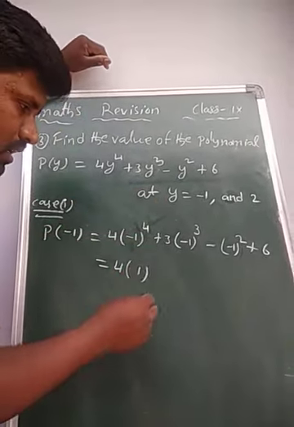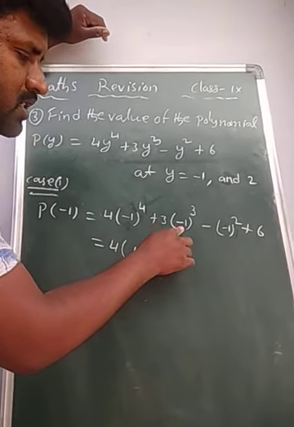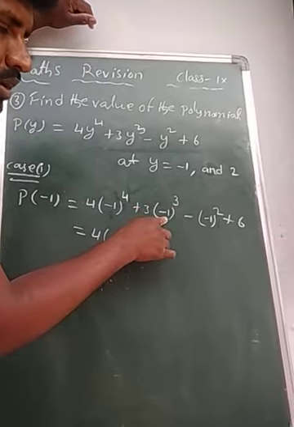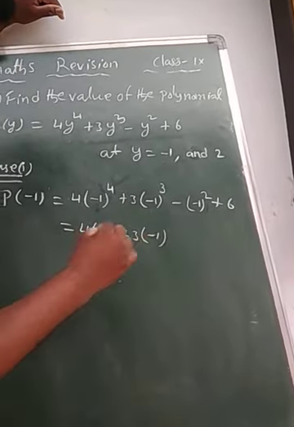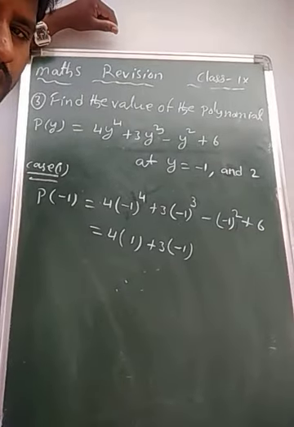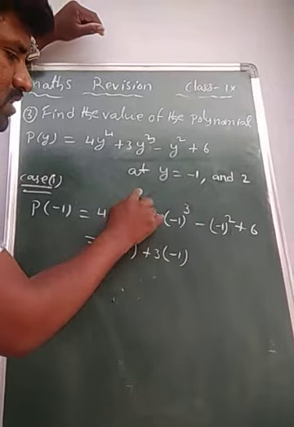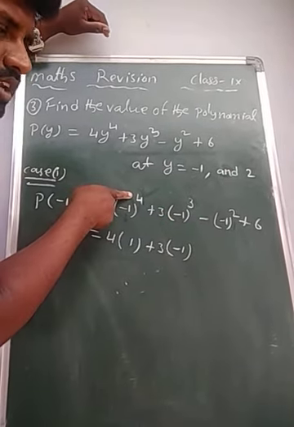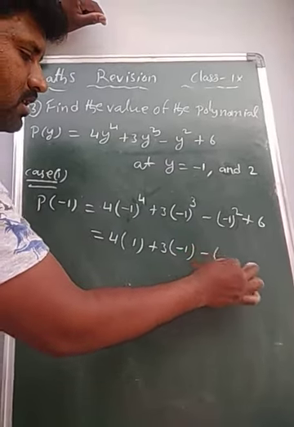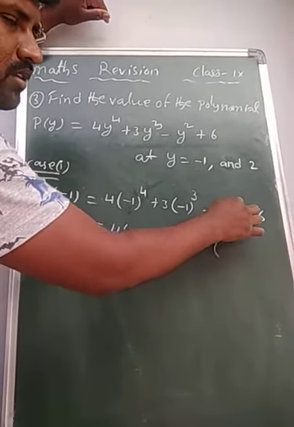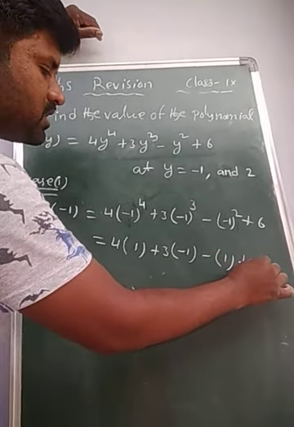Plus 3 of (-1) power 3: it is a negative number but the power is odd, that's why this time we get -1. Here also -1, here also -1, but what is the small change? Here the power is even and here the power is odd. Now minus (-1) whole square, here the power is even, so we get 1, plus 6.